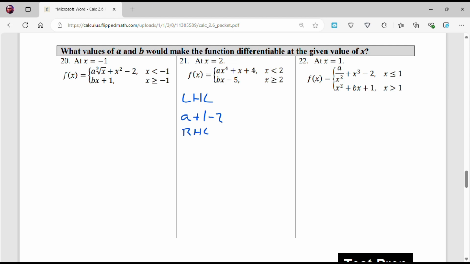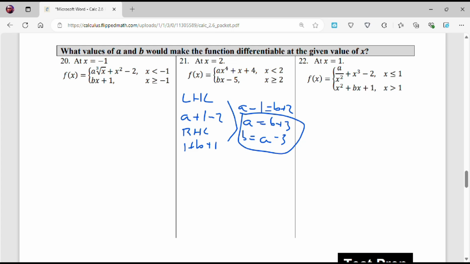Our right-hand limit is 1 squared plus B times 1. So B, and then plus 1. This becomes A minus 1 equals B plus 2. So solving for A, we get B plus 3, and then solving for B is A minus 3. Okay, we're going to use these later.